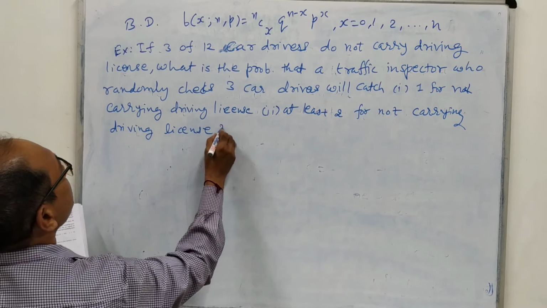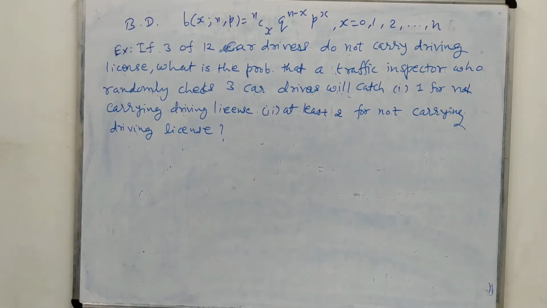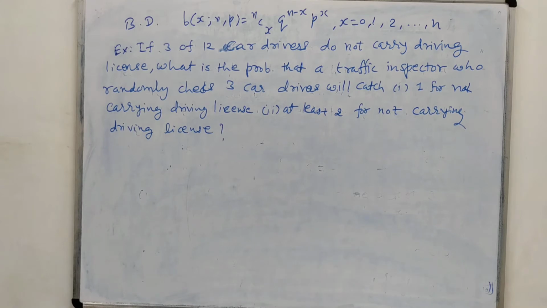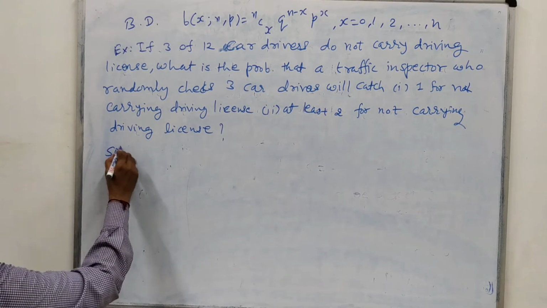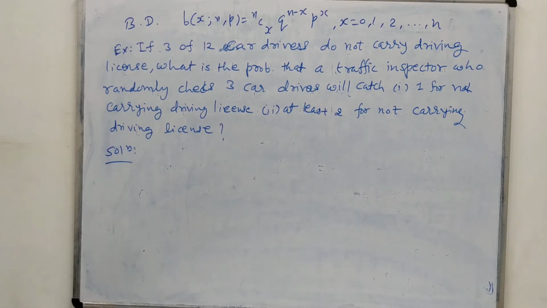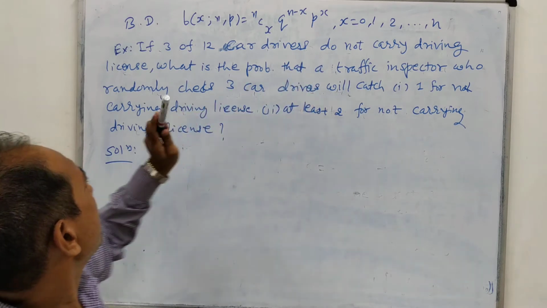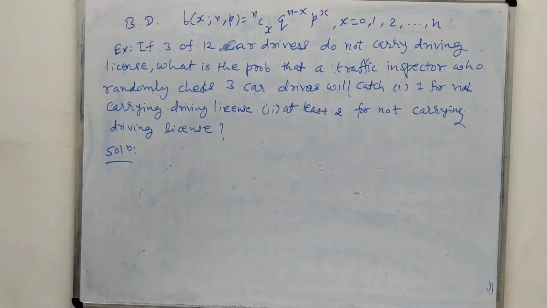Okay, so here again the problem is very simple. It is the case of binomial distribution. So first you read the question carefully. Here it is given that 3 of 12 car drivers do not carry driving license.